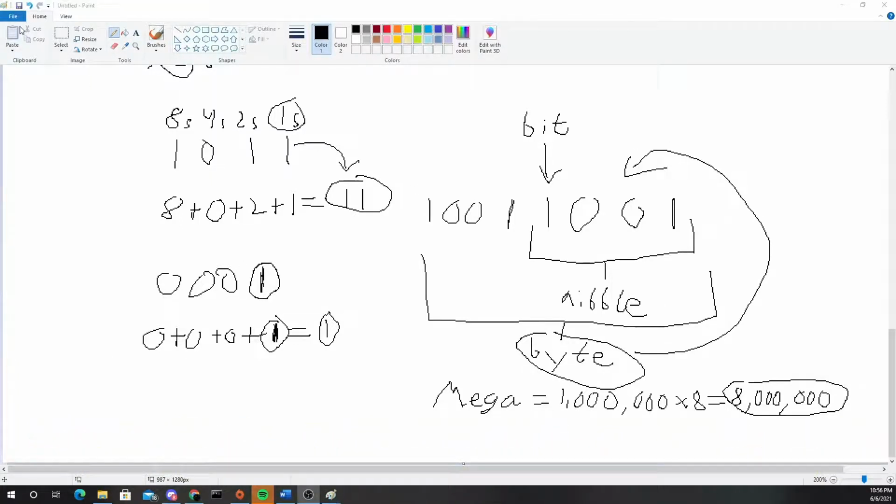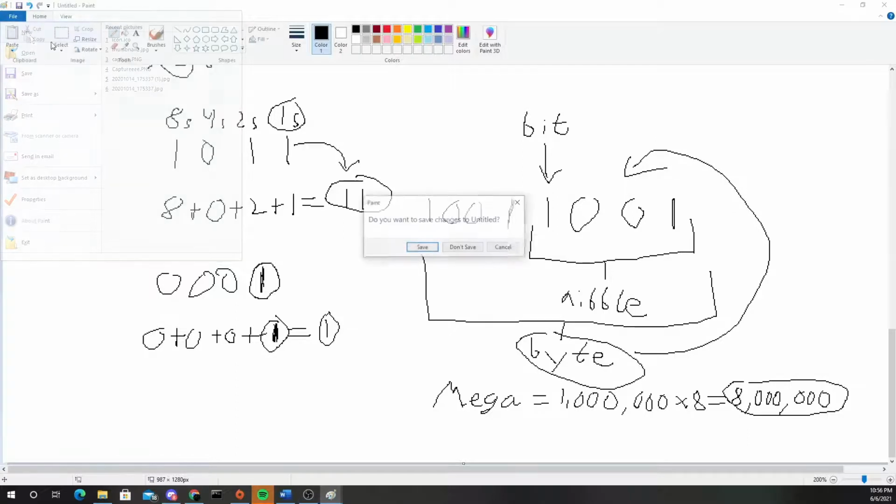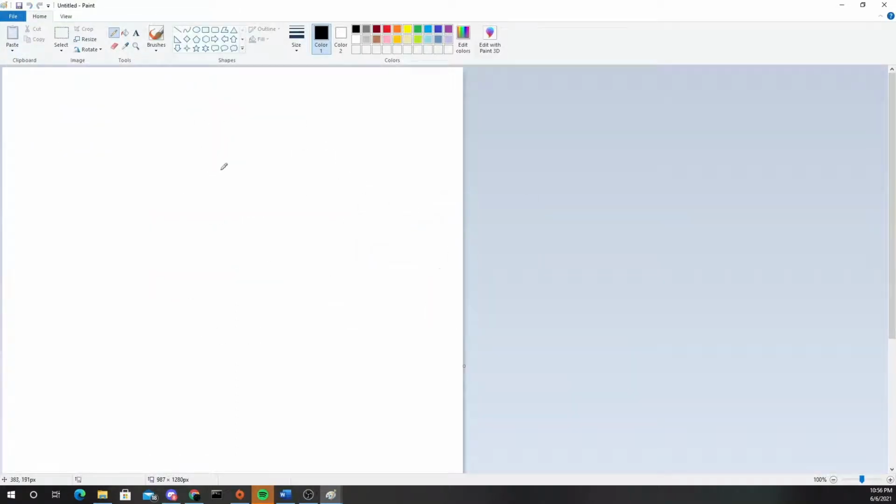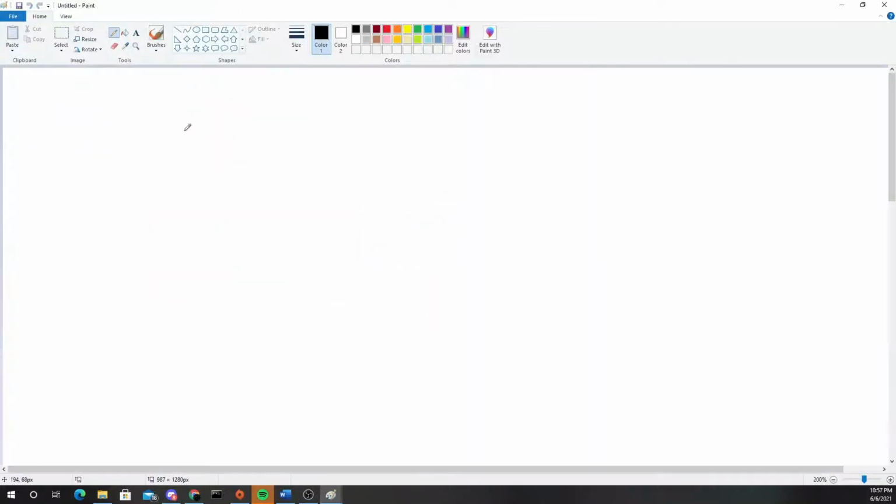So now if I can clear the page here, in computers there's another term known as words. Now words is basically another grouping of bits, but the number of bits in a word varies from processor to processor and system to system.